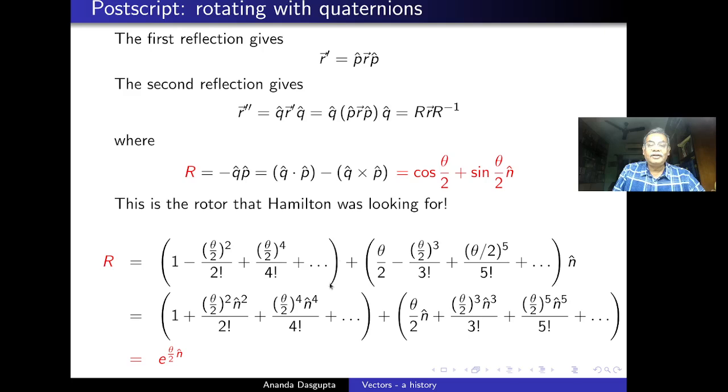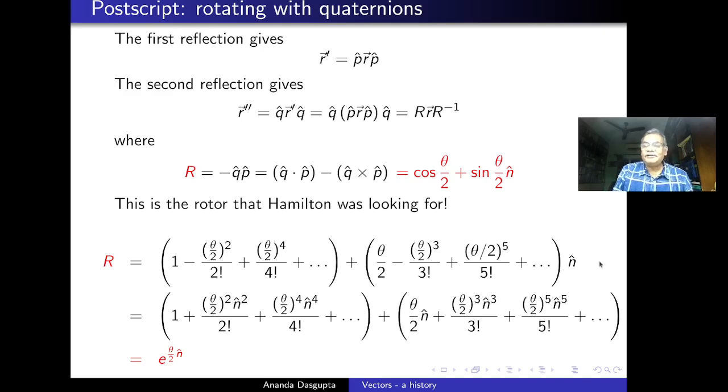But now, notice that n square being minus 1, you can just pull this in and call this plus (theta by 2) whole square by 2 factorial n square. Here n to the 4, of course, is plus 1, so you can just plug that in without a change in sign. You would have a minus sign in the next term, minus (theta by 2) to the 6 by 6 factorial. You can pull in n to the 6. Remember, n square being minus 1 means n to the 4 is plus 1, n to the 6 is minus 1, so that will become plus again.